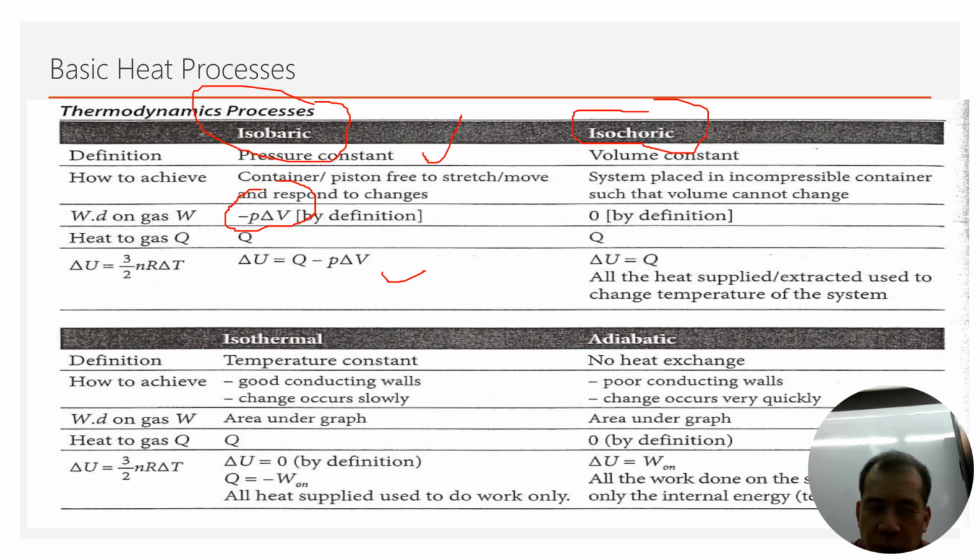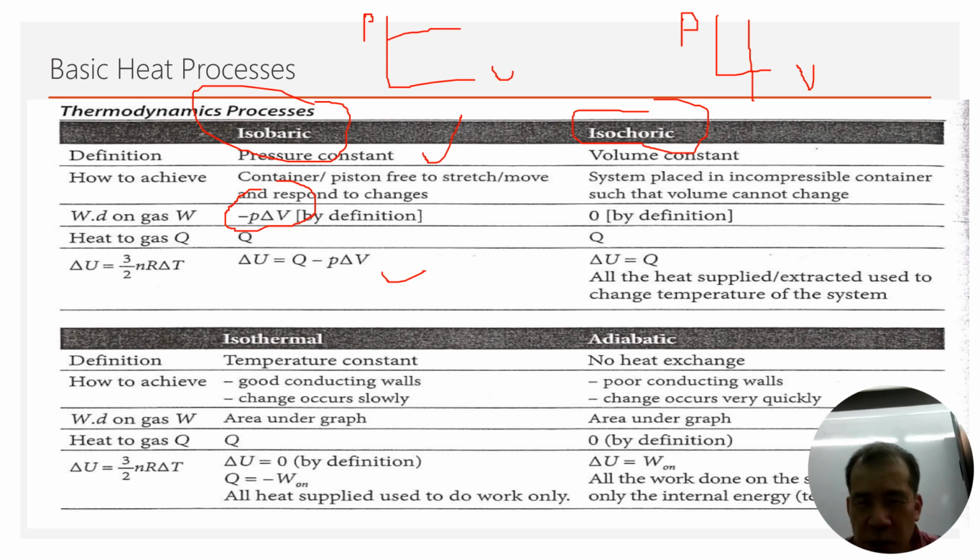If I have a PV diagram, it will mean that I would have this as my graph. So it's a vertical line in a PV diagram. And going back to isobaric, the graph would look like this, with the same pressure. So the first case is isobaric, and this second case is isochoric, where the volume is constant.